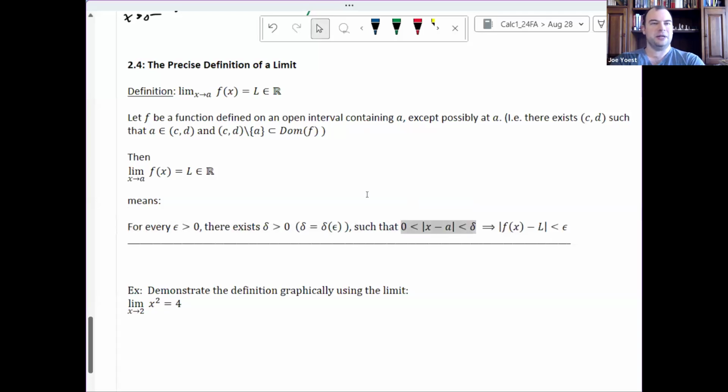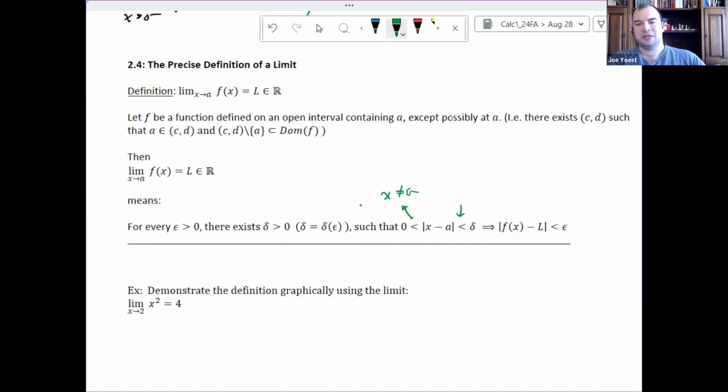If absolute value of x minus a is strictly between 0 and delta, what does this mean? Well, the left inequality, absolute value of x minus a bigger than 0, really just means x not equal to a. So remember, that was the part about choosing x sufficiently close to a, but not equal to a. That's this piece here, absolute value of x minus a bigger than 0.